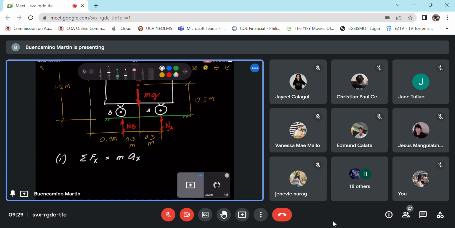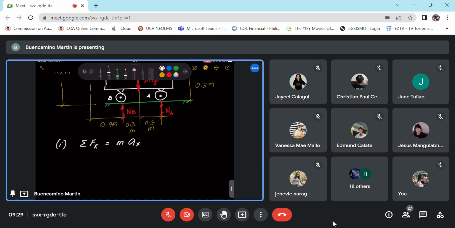So this is the acceleration applied at the centroid of the cart. So yung unbalanced force natin dyan ay dapat ganyan ang kanyang direksyon para yung acceleration niya naman ay ganyan ang kanyang direksyon.